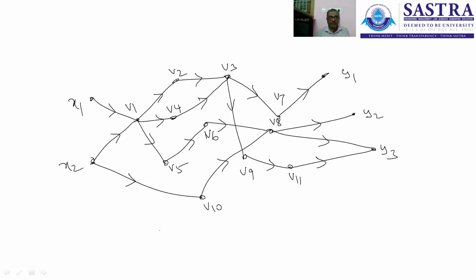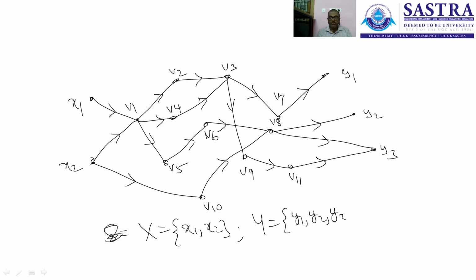Here, if you look at this, you have S, the source, which I have been representing with X. X will be X1, X2, and Y would be Y1, Y2, Y3. And what is I? I is the intermediary vertices, which are V1, V2, and so on up to V11.